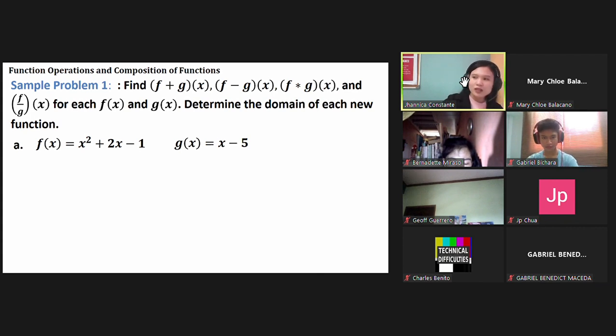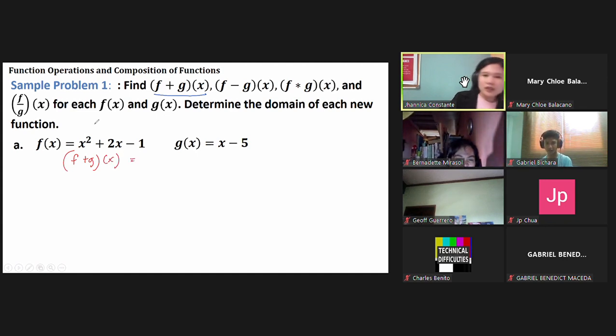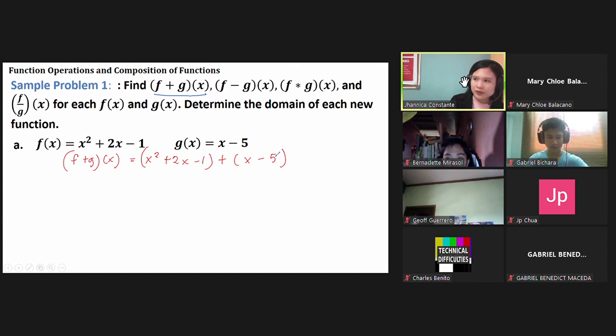So let's start with finding the sum of the two functions, or f plus g of x. So f plus g of x will be equal to x squared plus 2x minus 1 plus the second function g of x, which is x minus 5.